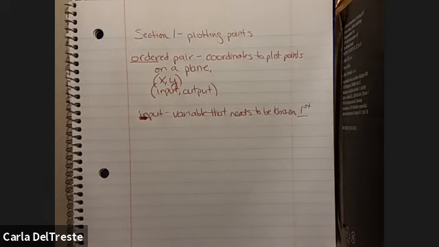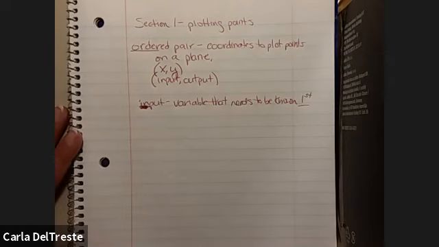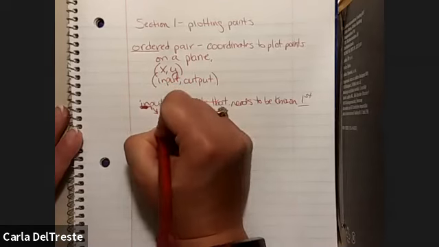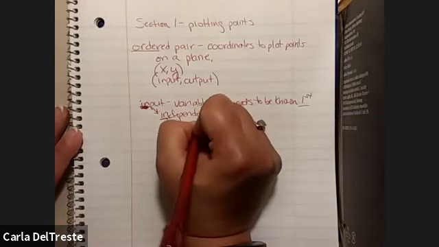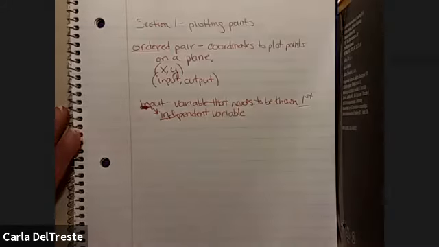In other words, it's usually going to happen no matter what, okay? It's the thing that you don't really control, okay? So another way to think about that is the independent variable. Okay, so it doesn't depend on anything else.